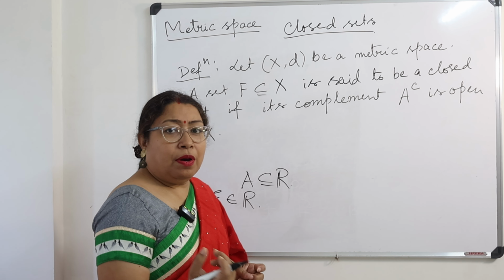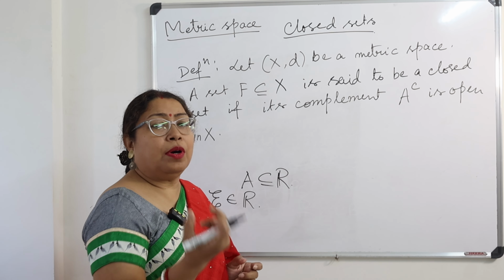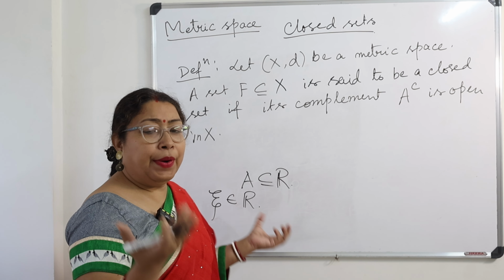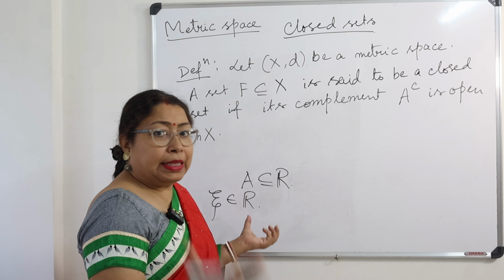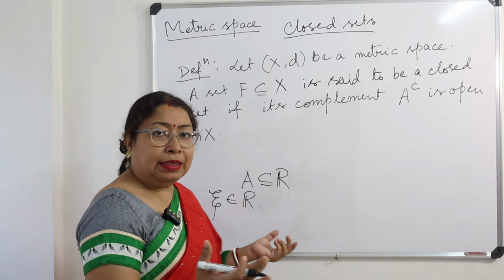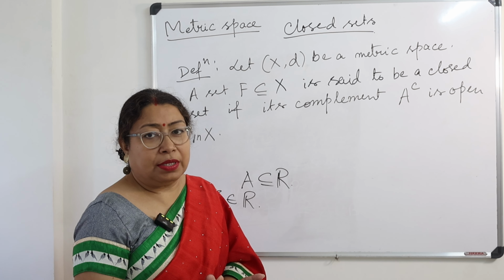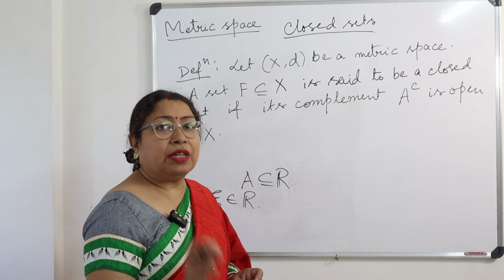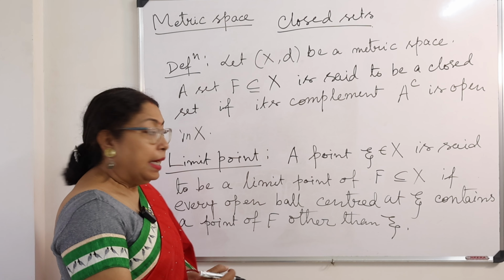Now, instead of every neighborhood of ξ, we just consider every open ball centered at ξ for a metric space. So, let us write the formal definition of a limit point.